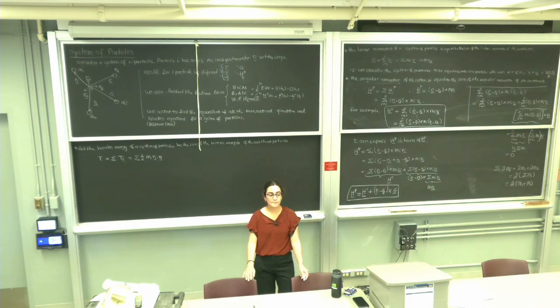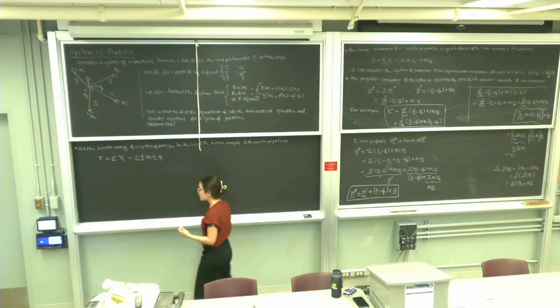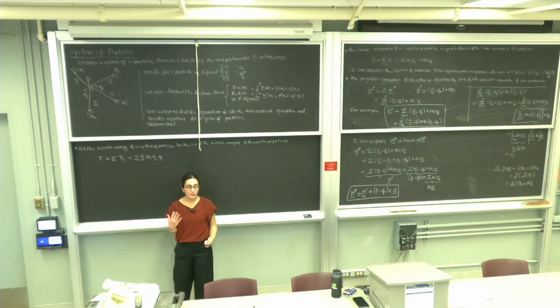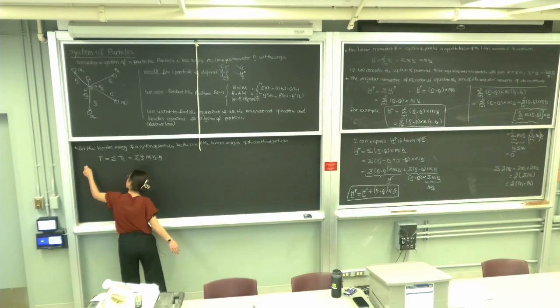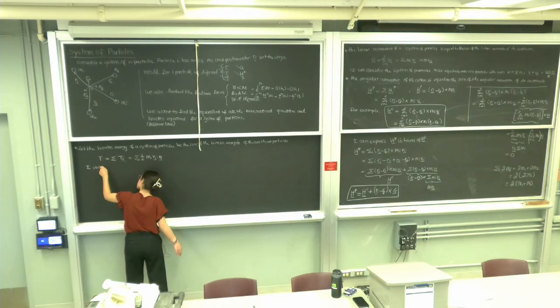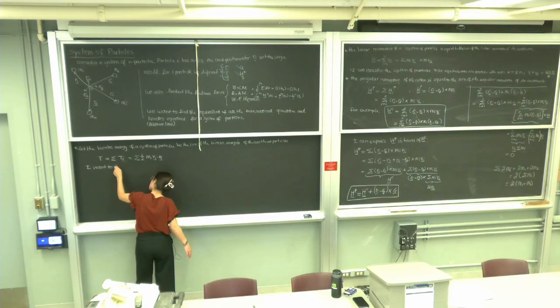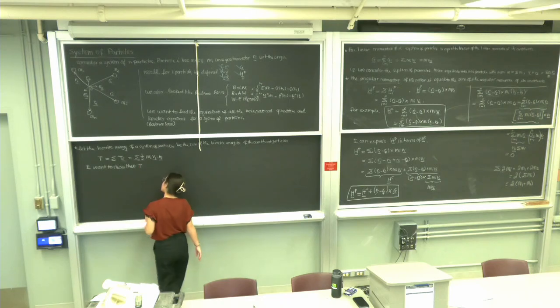Okay. What I want to show right now is that the kinetic energy of the system is not equal to the kinetic energy of the center of mass. So I want to show that T is different.